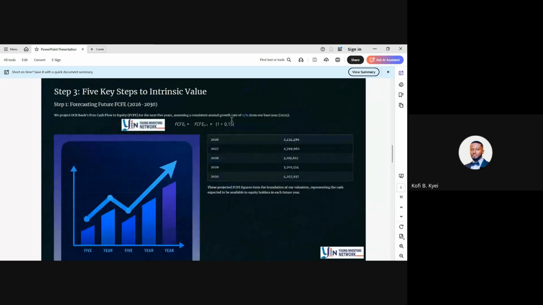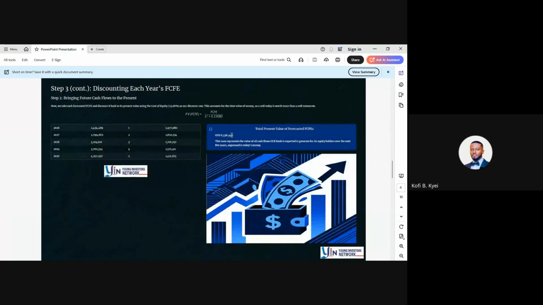Future value is the figure you want to project into the future, times the rate that you are projecting, 1 plus the rate. So you can decide to put 15% or 1 plus 15%, but for consistency, let's all go by the non-percentage approach. That's 1 plus 0.15. And this is the present value formula.